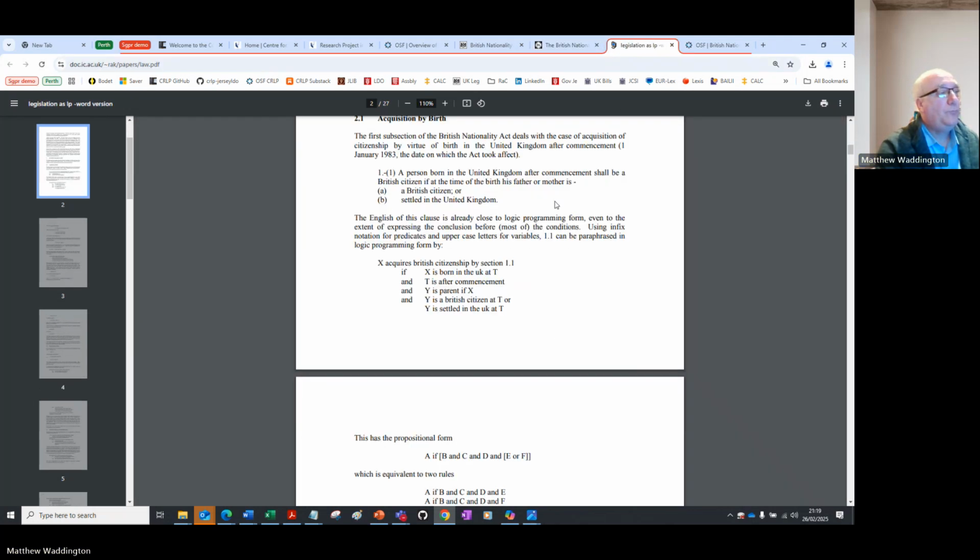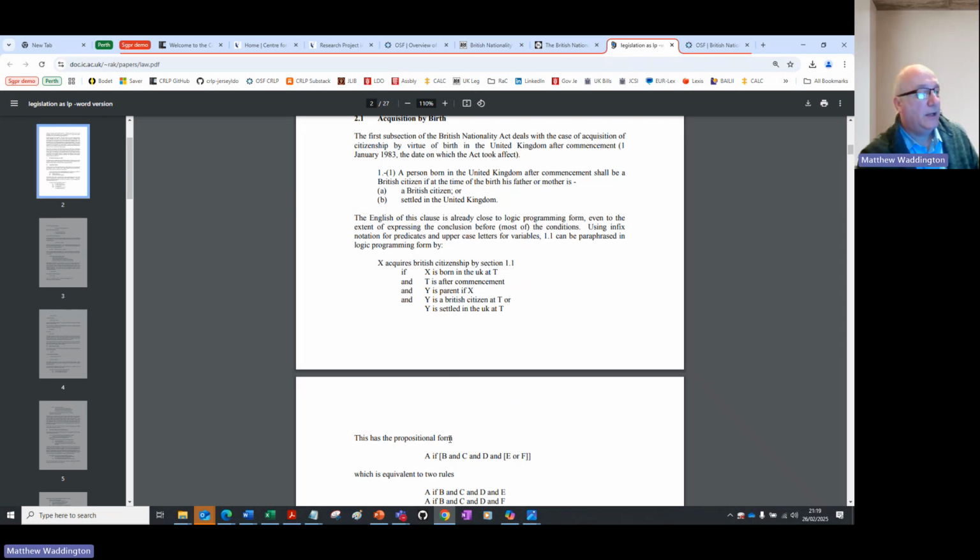To do that, they looked at the text of the provision as it was enacted, and it's a fairly typical nationality provision dealing with how you acquire nationality by being born in the country. But in the UK's case, you can be born in the UK and either one of your parents is a British citizen or one of them was settled in the UK, or at least that's how it was at the time back when this paper was written.